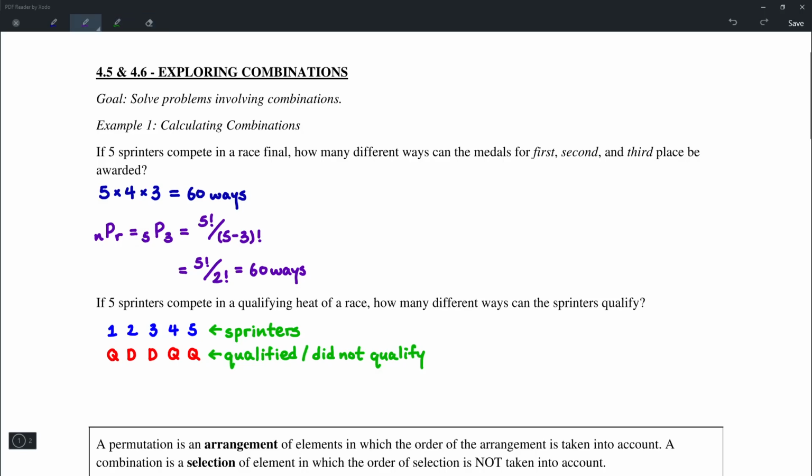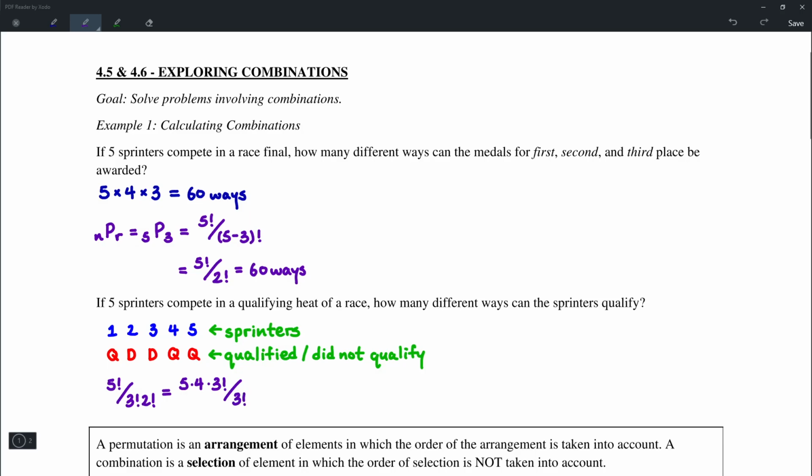And once again, as we saw from before, this is a question about the permutations of repeating objects. So we have 5 factorial divided by 3 factorial for the 3 Qs times 2 factorial for the 2 Ds. And here we can expand the numerator, 5 times 4 times 3 factorial.